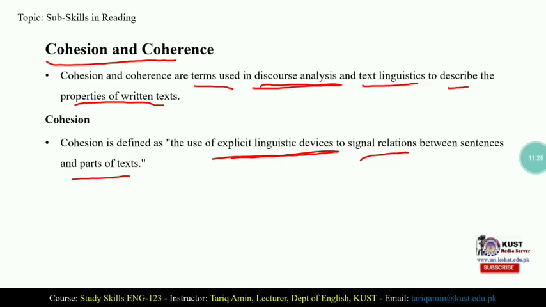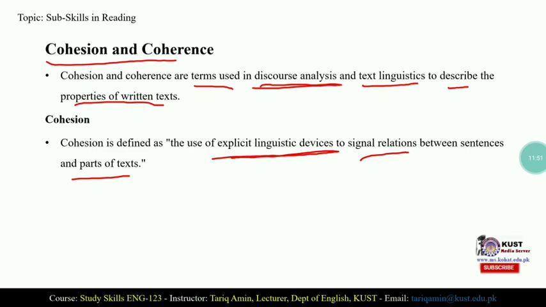Now when you say that he is ill, therefore he cannot come to school, this linguistic device signals the relationship between these two sentences. The first one is he is ill, the second one is he cannot come to school. It signals the relation: cause and effect, because he is ill, therefore he cannot come to school.